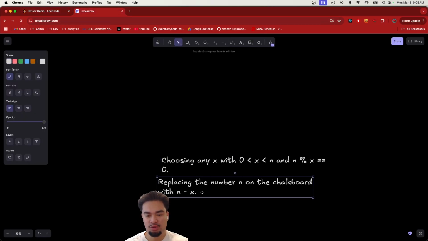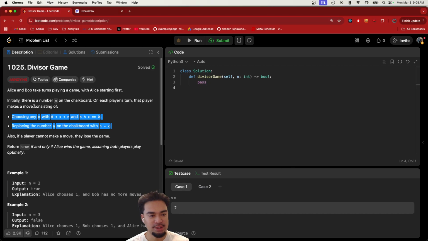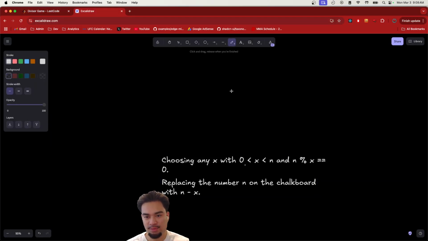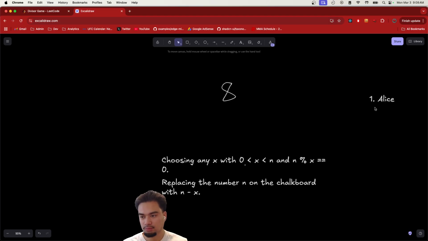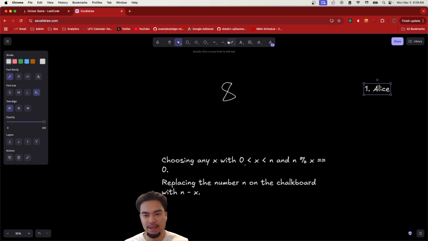So there are two rules here. As they mentioned, there's a number n on the chalkboard, and each player has to make a turn, where Alice goes first. Let's put a random number, 8, and let's say Alice goes first. Alice's move: there's a number 8 on the board.